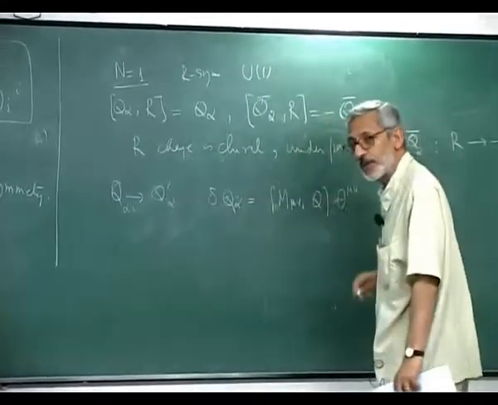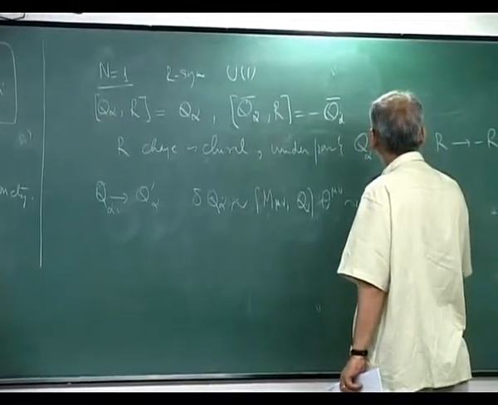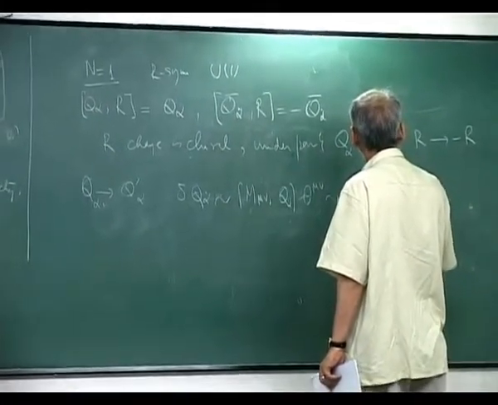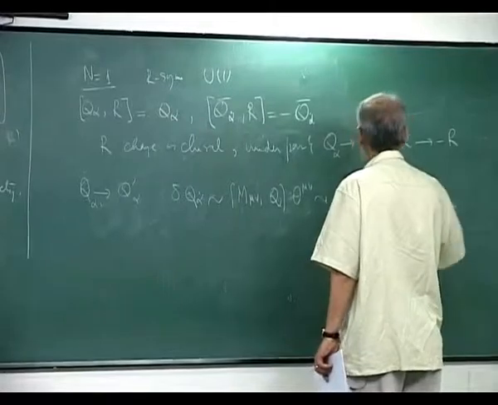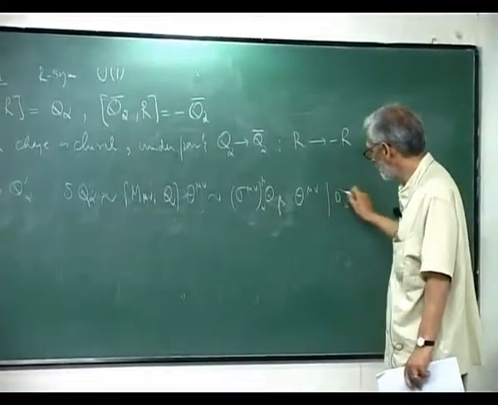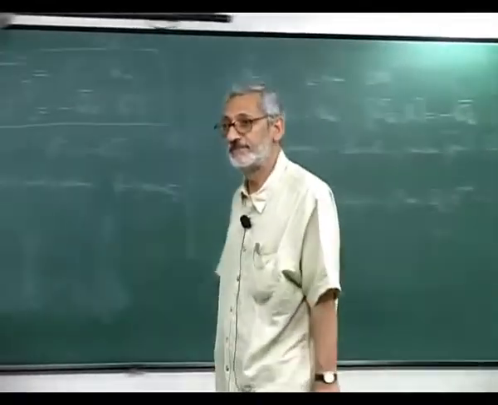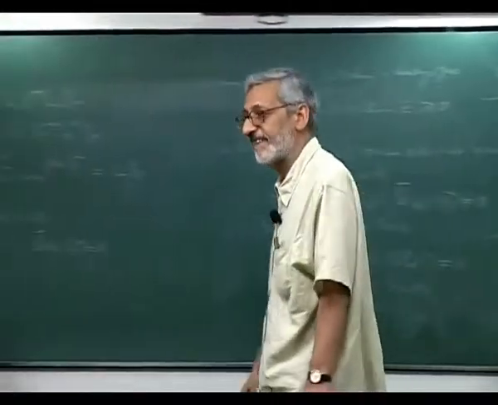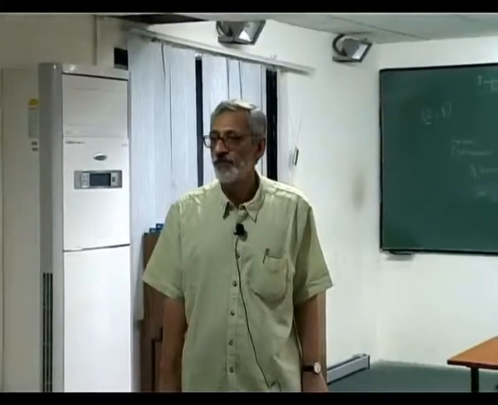Theta mu nu are transformation parameters, and Q alpha goes like sigma mu nu, alpha beta, Q beta, theta mu nu. This is how it changes under the laws of transformation. Now put it on the vacuum. This is 0 because Q beta on the vacuum is 0. Right? But boosts are part of this. Okay.